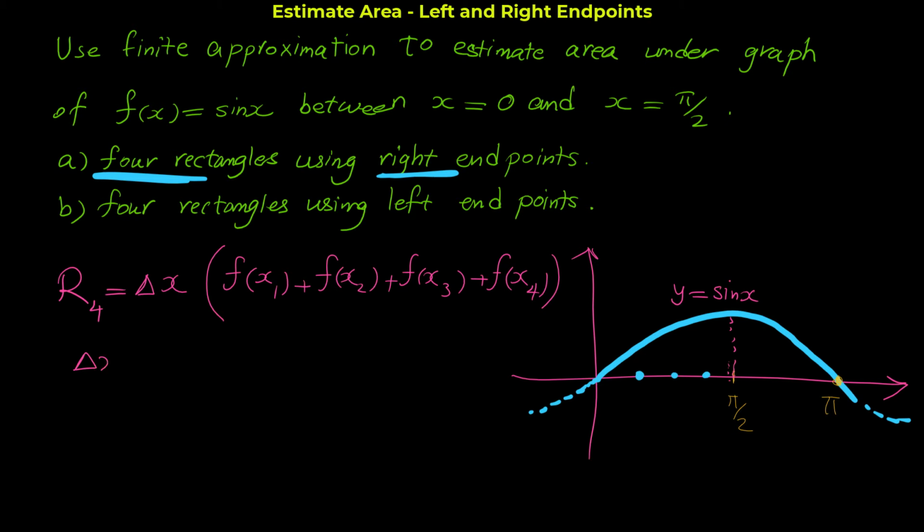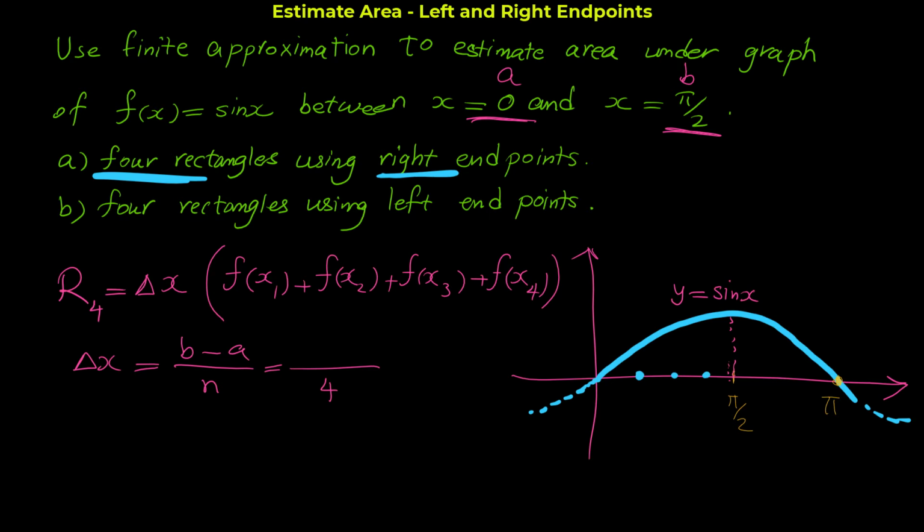in which delta x is b minus a over n. N is the number of rectangles. Here we have 4 rectangles, so n is 4. So we have 4 in the denominator. What is a and b in this formula? A and b are the beginning and the end point of the interval.